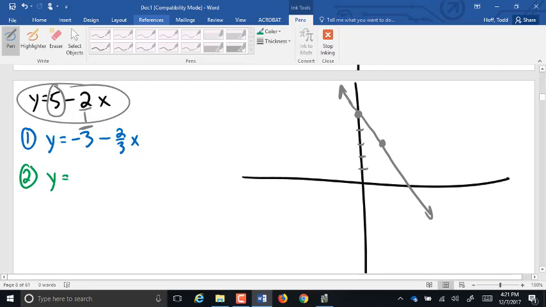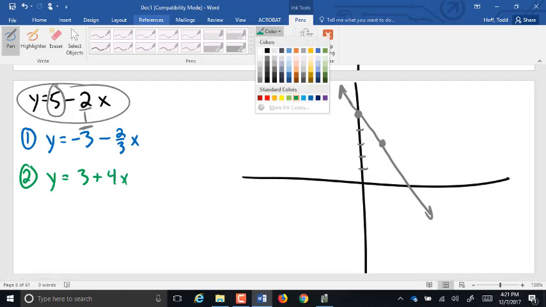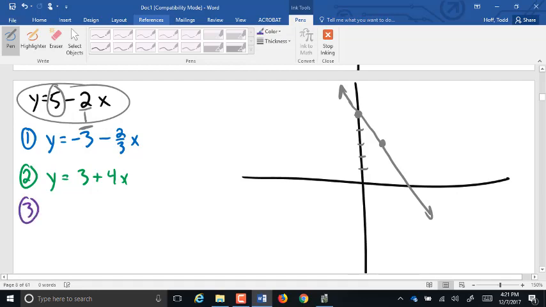Y equals 3 plus 4x. Y equals -2/3 x minus 3. Let's just have you graph those 3 for now.